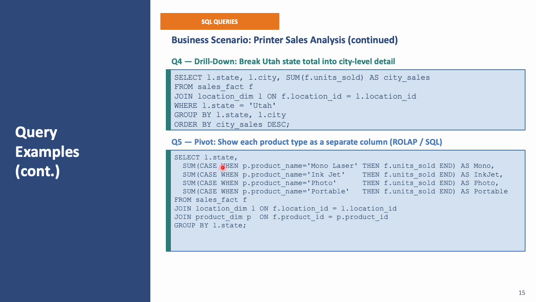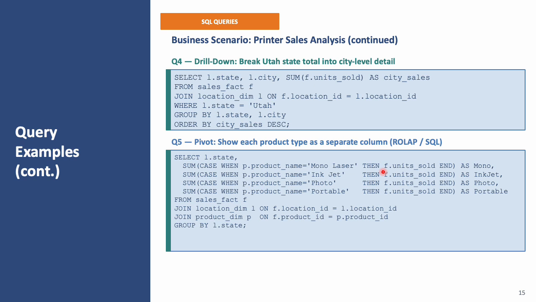The case when expression reads every row in the fact table one by one. For each row, it asks, is the product name for this row equal to monolaser? If the answer is yes, it contributes that row's units sold value to the sum.